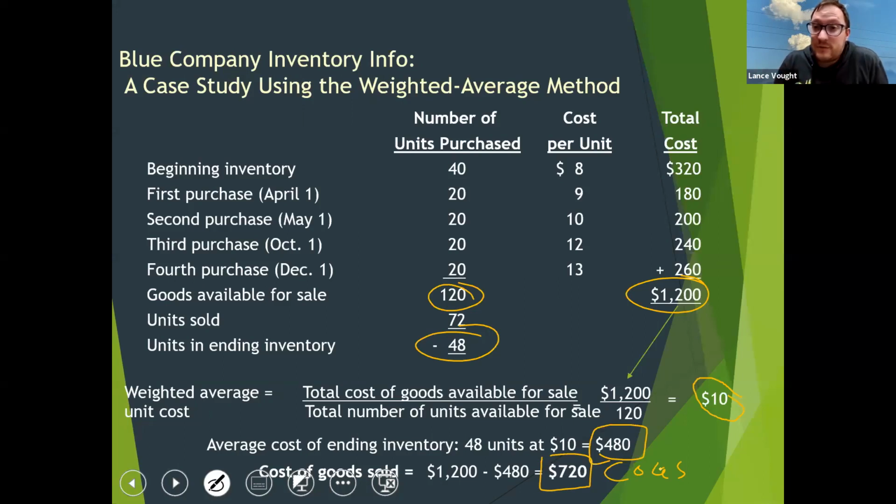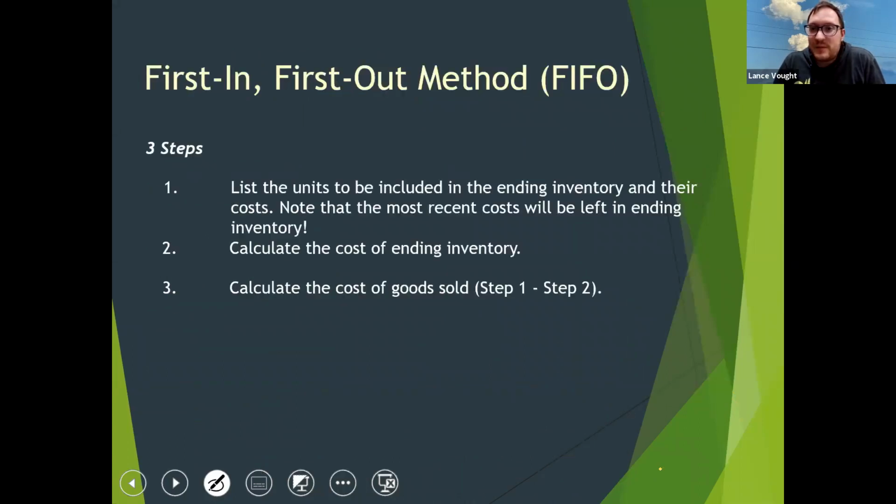So that's the weighted average method. The second method is going to be the first in, first out method. So what that first in, first out method means is that when you're accounting for inventory, you automatically assume that the oldest unit in inventory is the one that sold first.